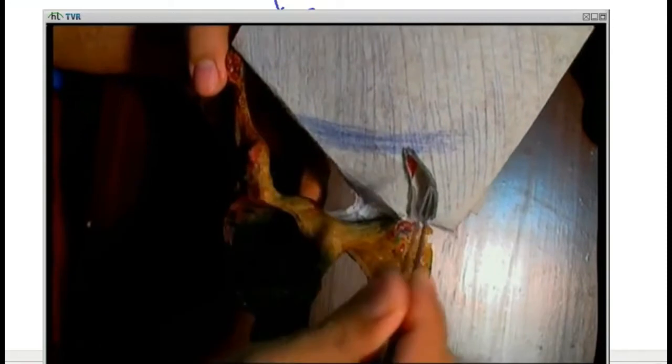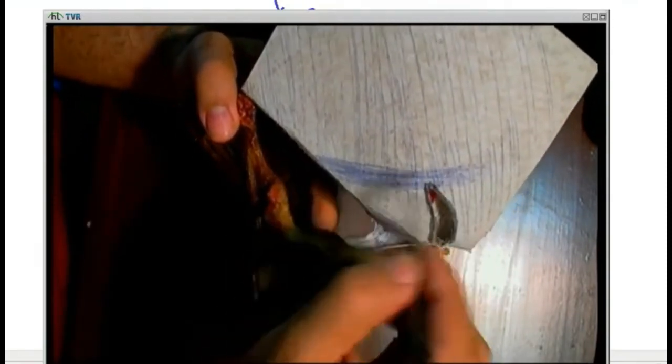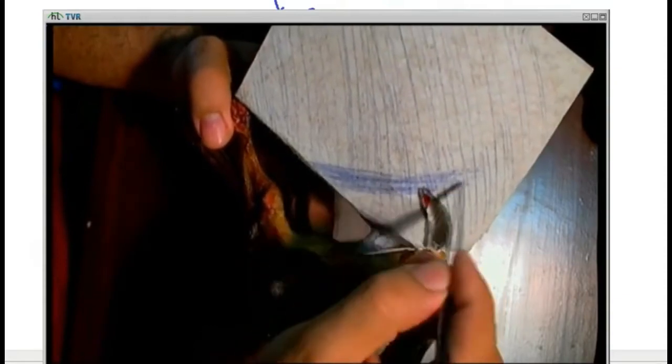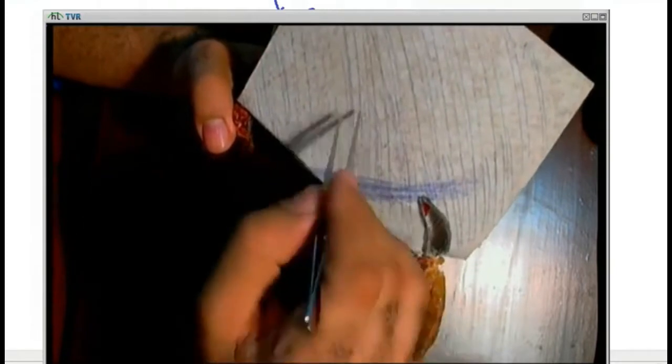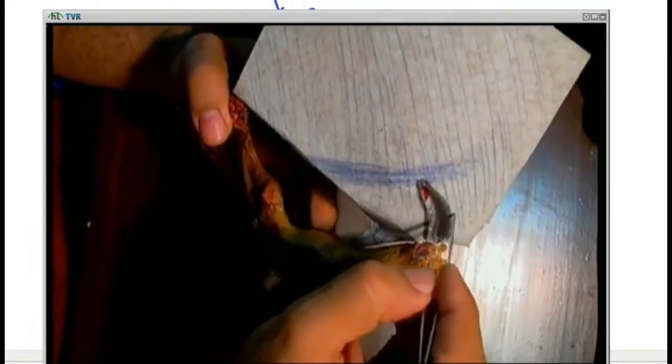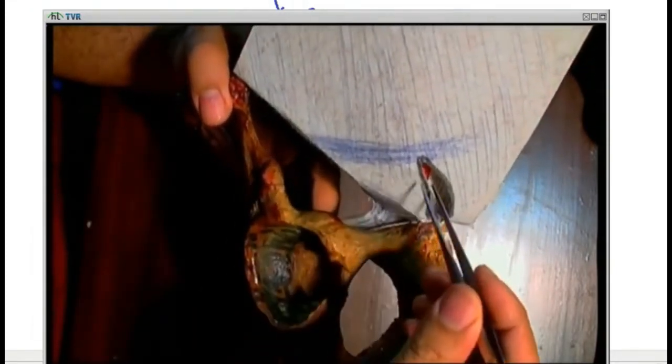The medial and lateral crus are formed by the aponeurosis of external oblique muscle. And from the middle of the inguinal ligament, we have fibers like this, perpendicular to the direction of the external oblique aponeurosis, between the medial crus and lateral crus.